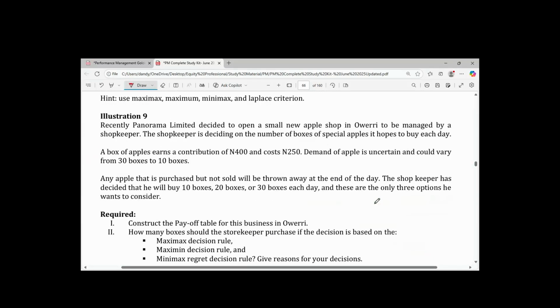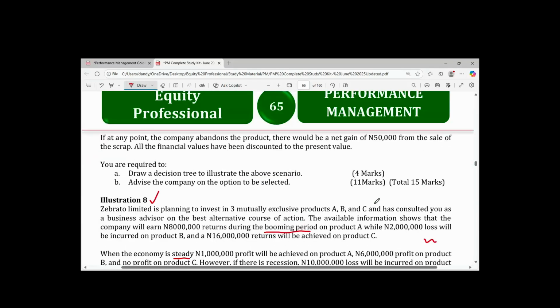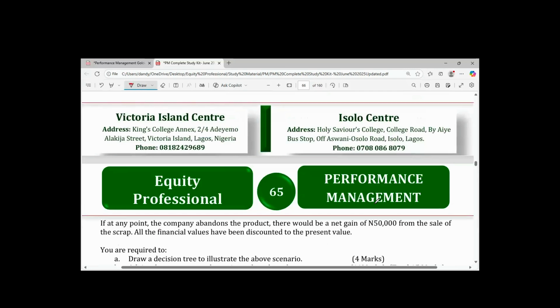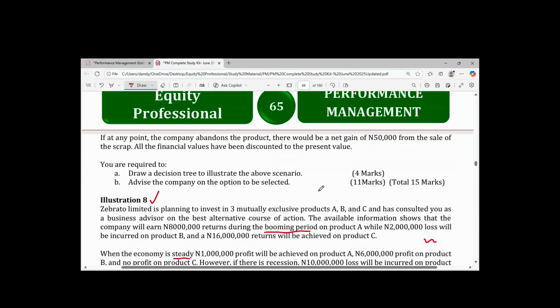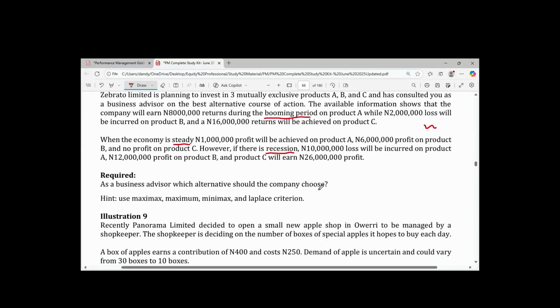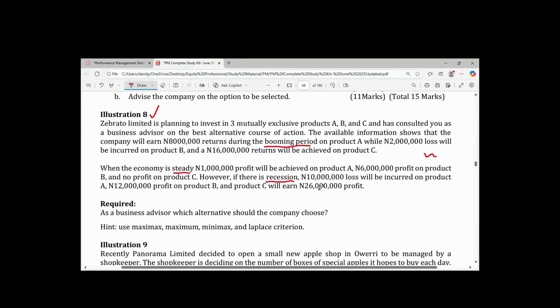Like I said, it's on page 65 of the performance management study material. So here the examiner is asking you as a business advisor which alternative the company should choose. Should the company invest in product A, B, or C?